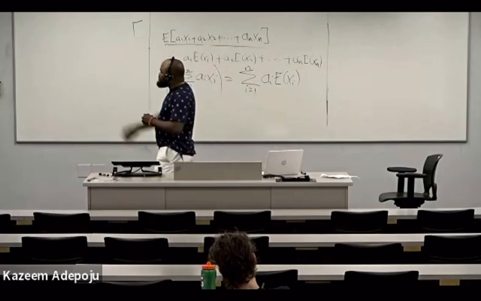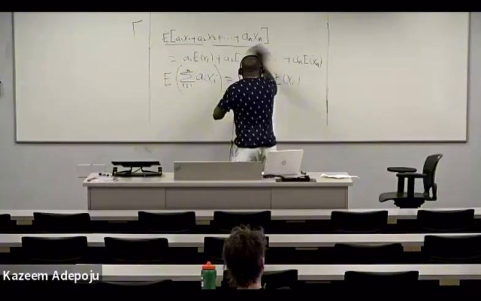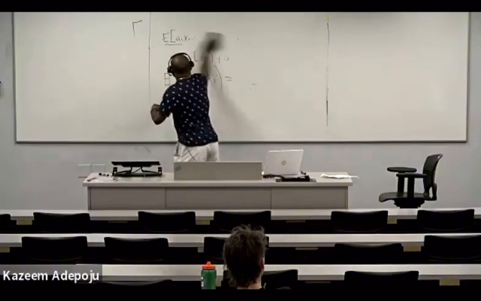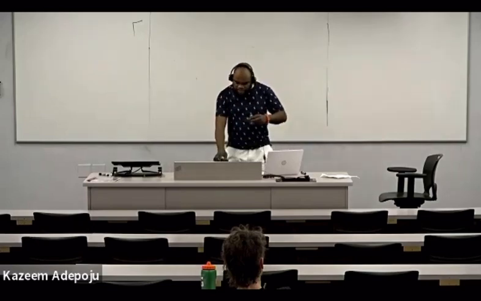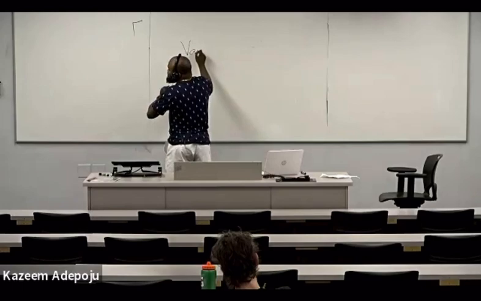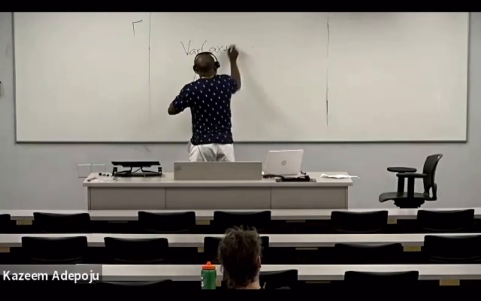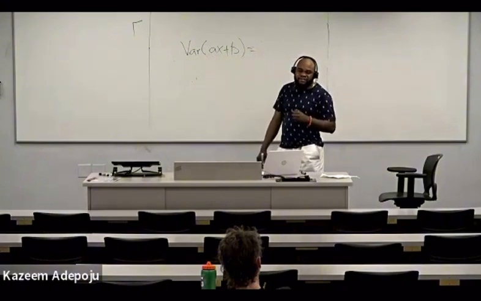Now, if I want to have the variance of a linear combination, as you can see, I want the variance of ax plus b, where a and b are constants.